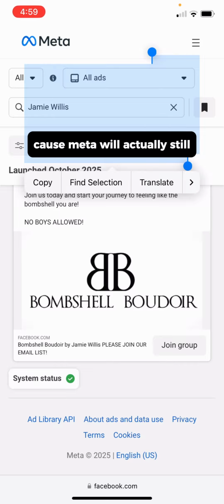Because Meta will actually still go towards those profiles that clicked and did not convert. Because they're like, oh, well, they clicked, so something interested them. But it must have been where they went to, which was bad or not congruent or something.